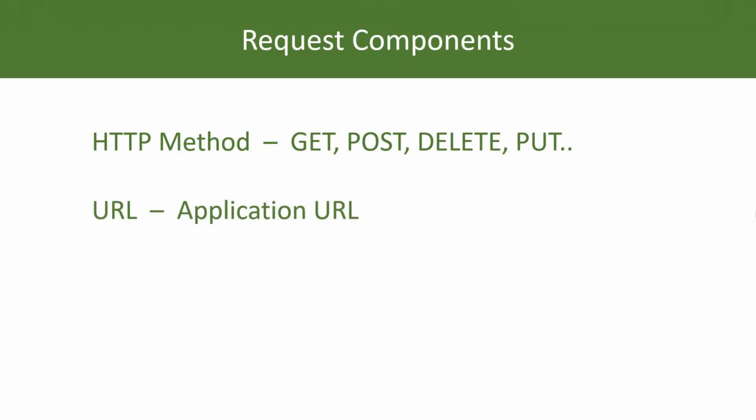Then URL, which is the application URL or the endpoint URL. Then headers, which is the list of header attributes. And then finally it is the body. The body is not mandatory, it can be optional.